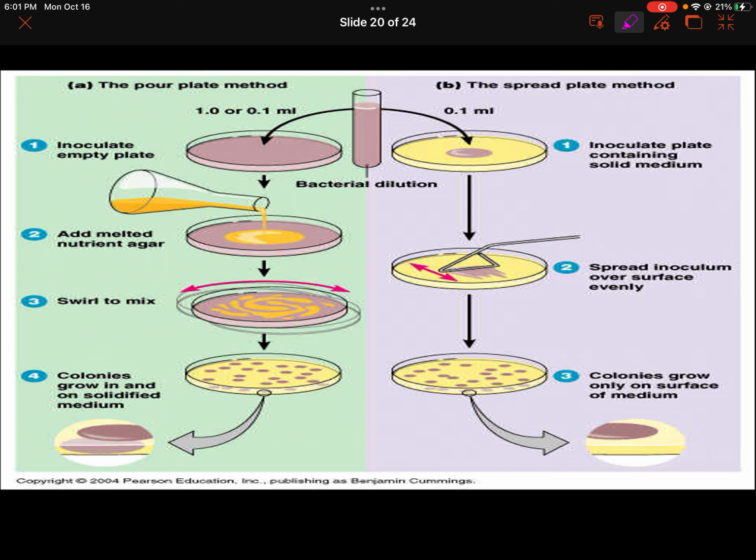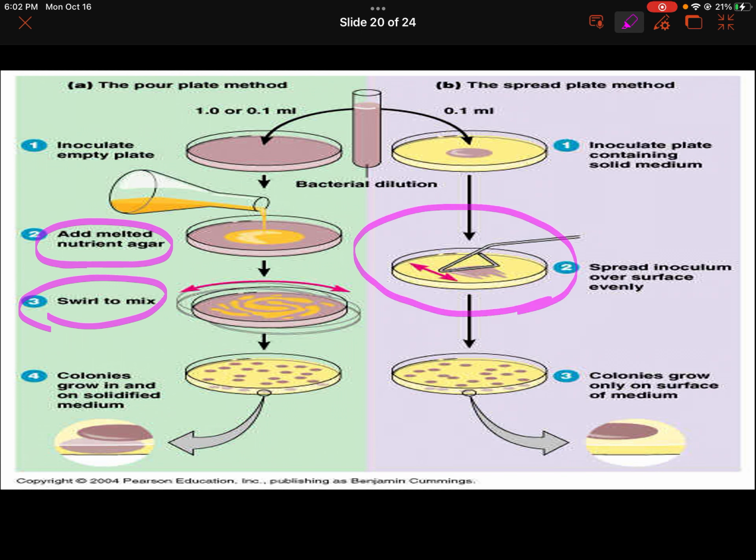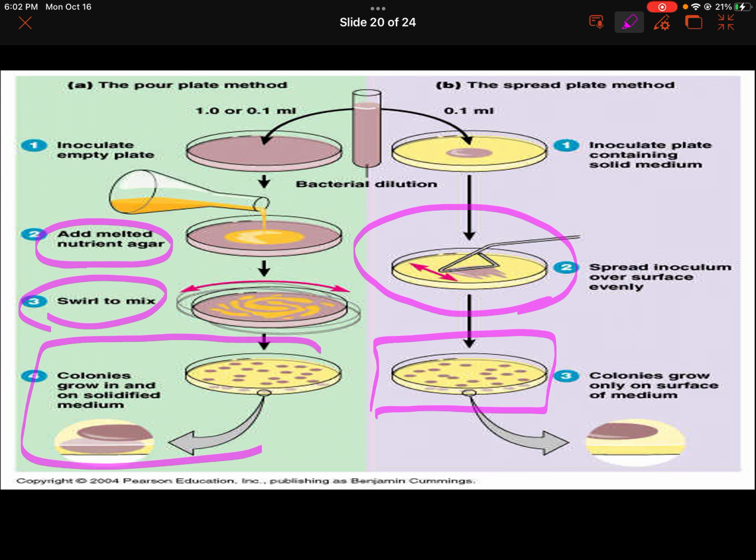In the pour plate you have to add melted agar, and then you swirl the Petri dish slowly to prevent bubbles. That's why in the pour plate you can see surface growth, subsurface growth, and also embedded colonies in the agar. For the spread plate, it's very easy. After putting the sample, you just spread using the L-rod, and you can observe surface growth only.